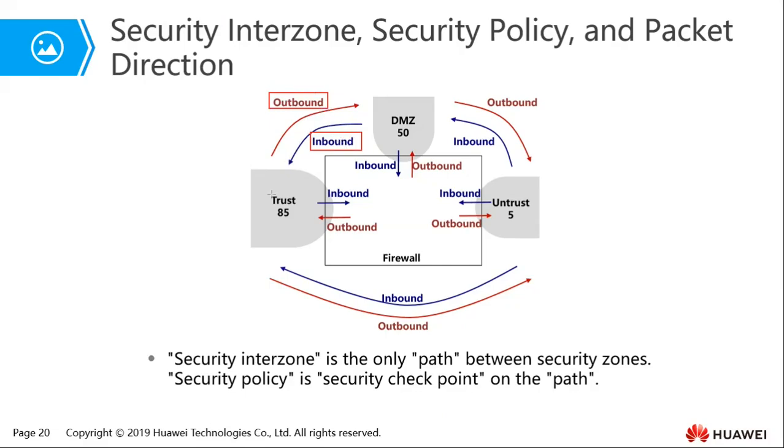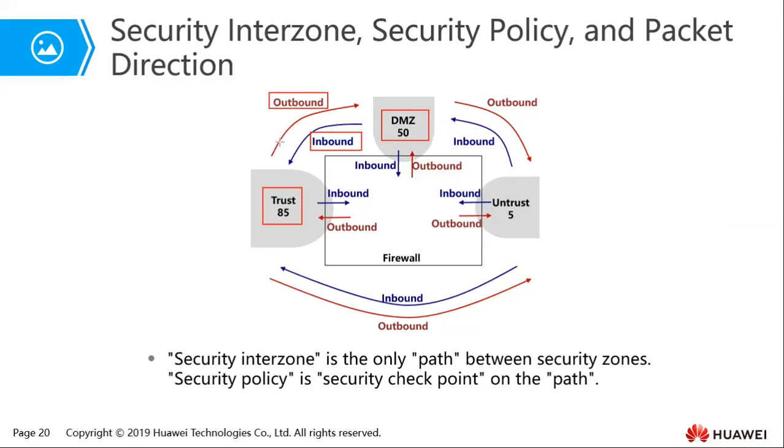Now, when packets travel from a zone with a higher trust value to a zone with a lower trust value, then we call that traffic flow outbound. We actually configure that traffic flow in the outbound direction.